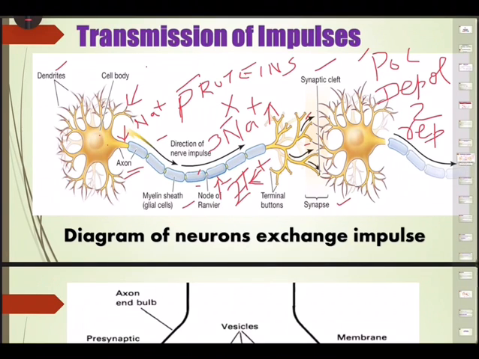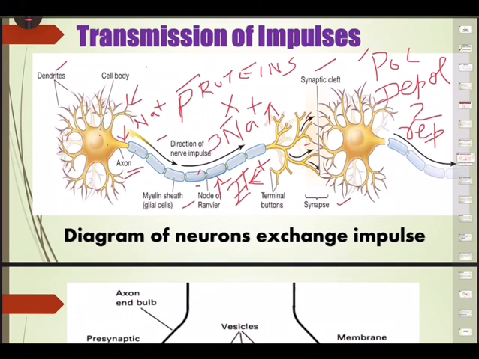And you may recollect from your memory that we have been talking about generation and conduction of nerve impulse. We were talking yesterday that when a neuron is not conducting any impulse, that is, when the neuron is at rest, the axonal membrane is comparatively more permeable to potassium ions and nearly impermeable to sodium ions.